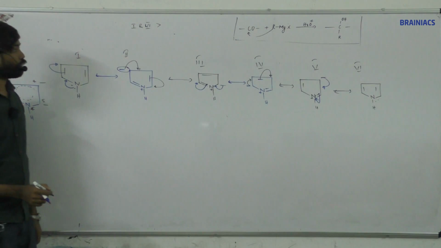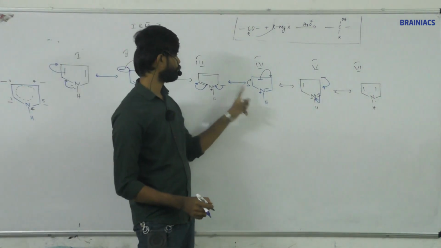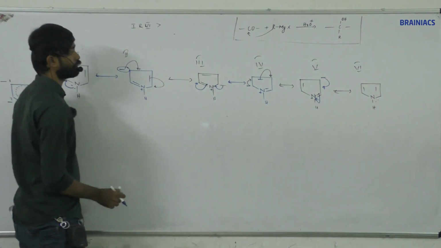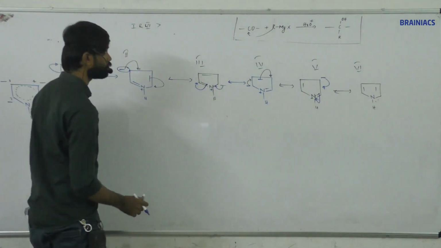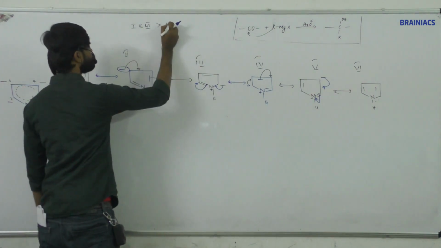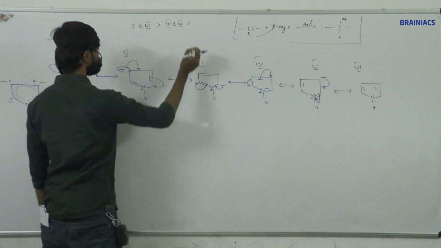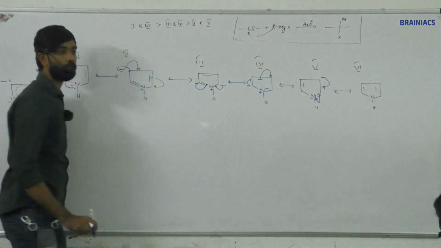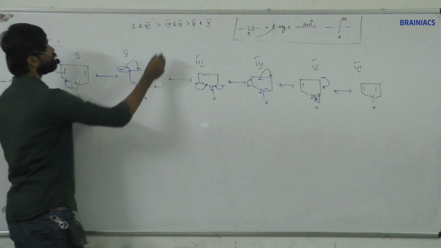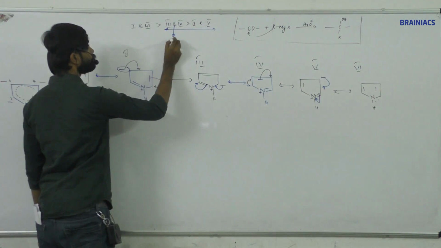Okay. So the second stability is for 3 and 4. And the last one is 2 and 5.